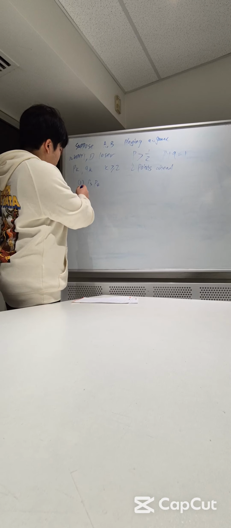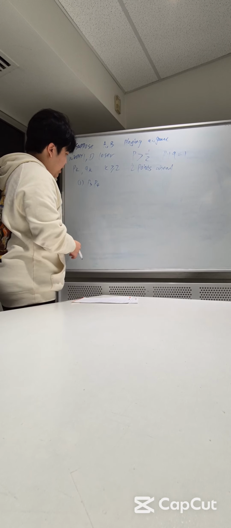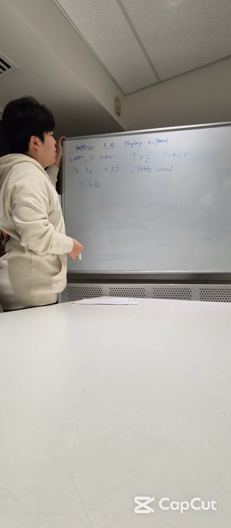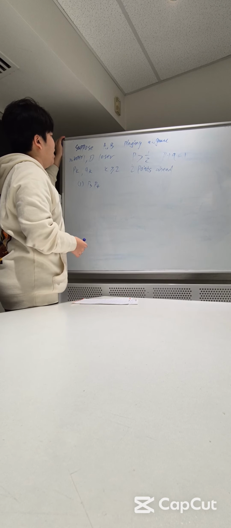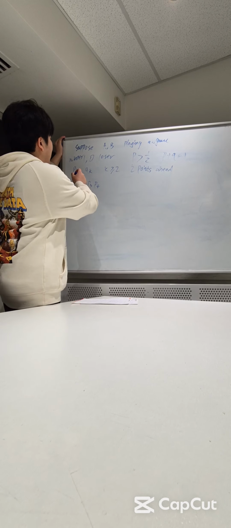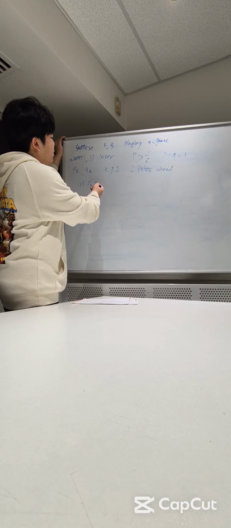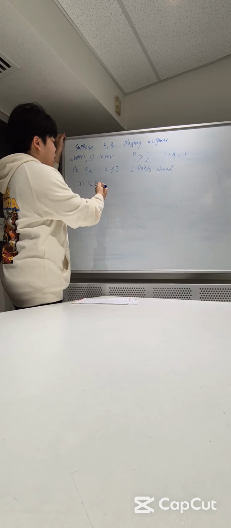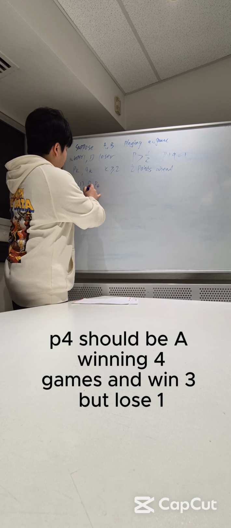Let's look at question 1. Question 1 is pretty simple. It's basically just get P3 and P4, right? So what's the probability of player A winning 3 games straight, and the probability of player A winning 4 games straight, continuously.